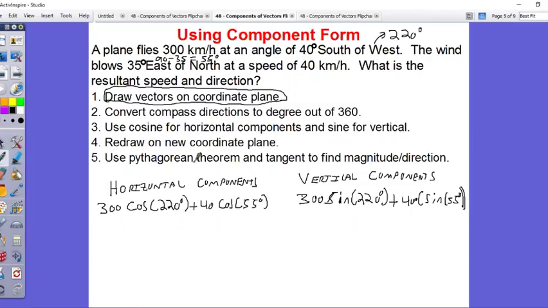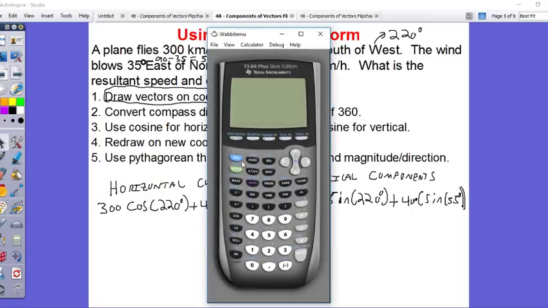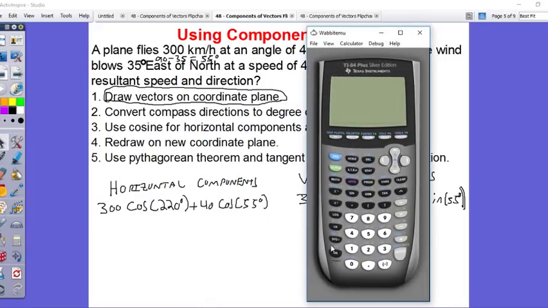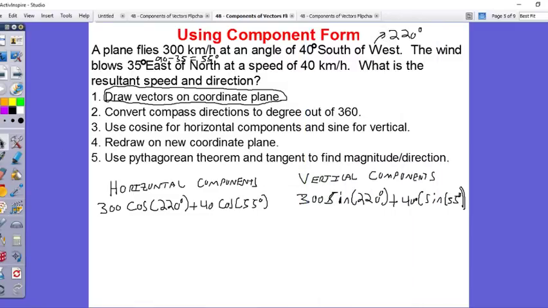So the horizontal components are going to be 300 times the cosine of 220 plus 40 times the cosine of 55. The horizontal component is negative 206.87.